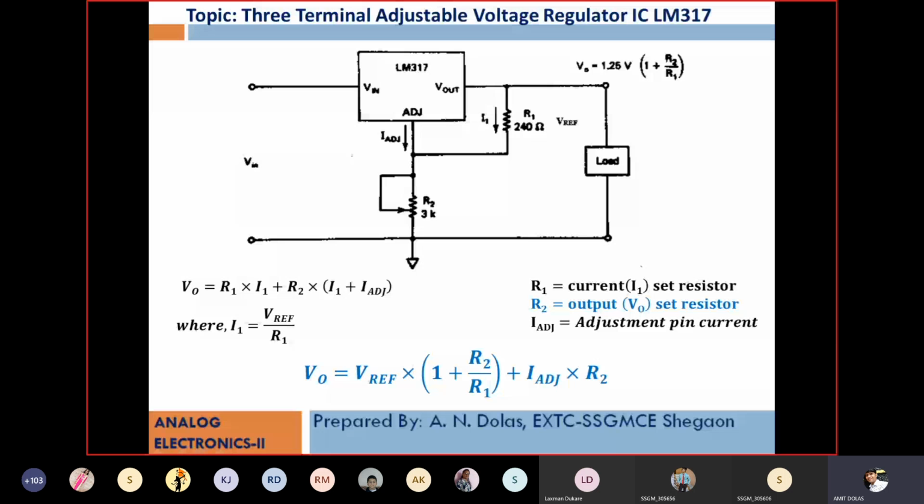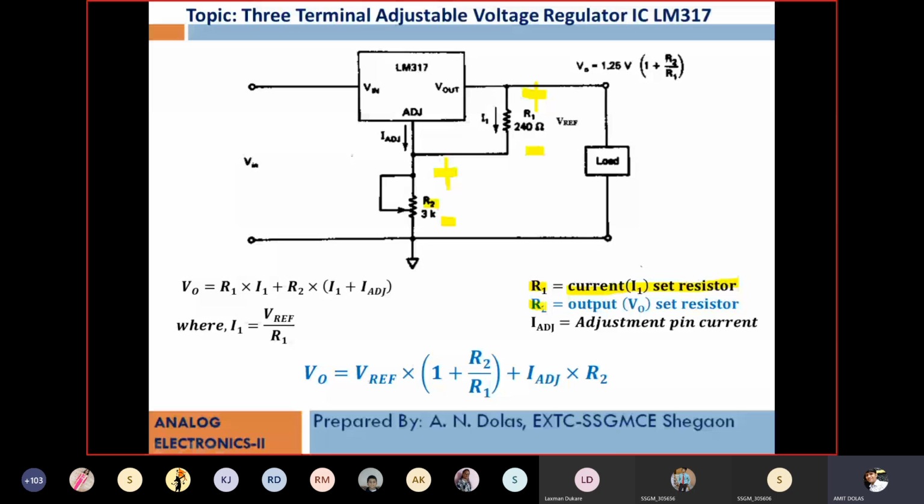Moving to the output formula of this IC, R1 is the current I1 or current set resistor. As I said, the voltage across R1 remains constant, that is 1.25 volt. The output voltage is decided by resistance R2.